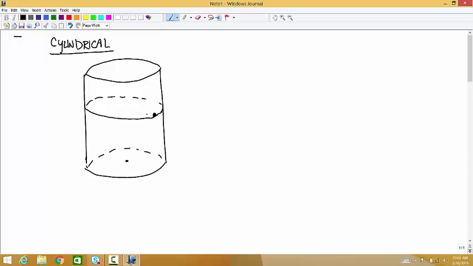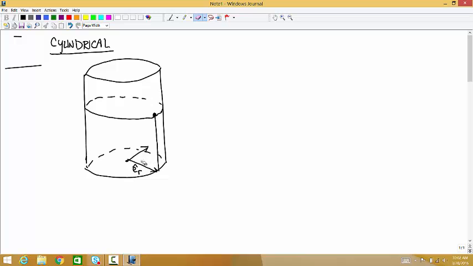So this point here would be represented by an axis that way. That's ER, and the coordinate is R. And a perpendicular axis that way.